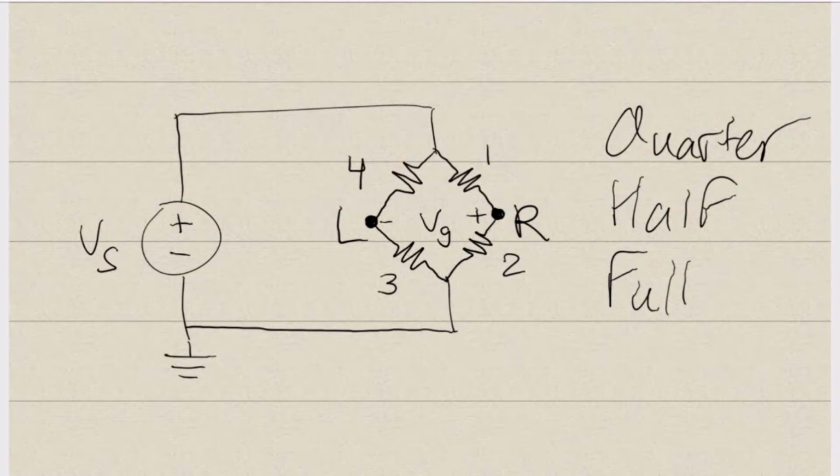In a quarter bridge, the resistor in the position I've labeled as number 1 is replaced with an element of unknown resistance, and the other resistors all have known resistance. In a half bridge, both of the resistors in one of the parallel branches, for example number 1 and number 2, are replaced with elements of unknown resistance. And for a full bridge, all four of the resistors are replaced with the elements of unknown resistance.